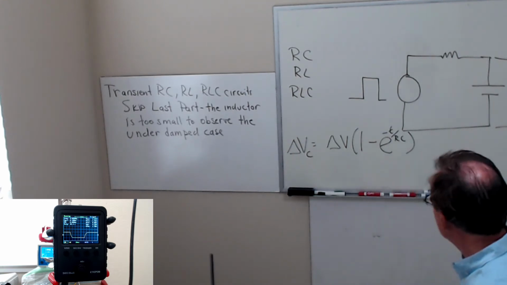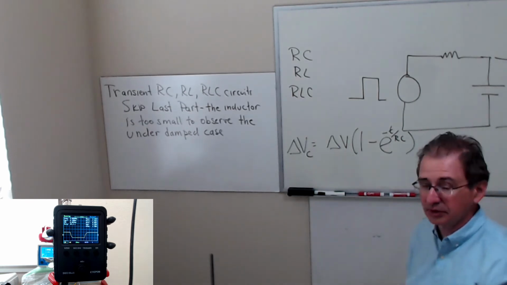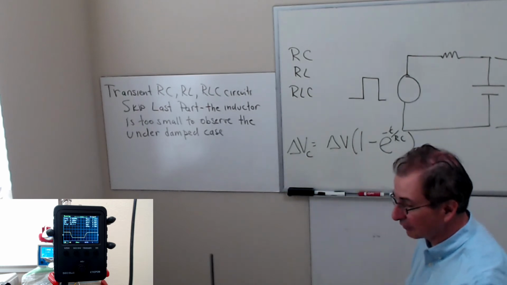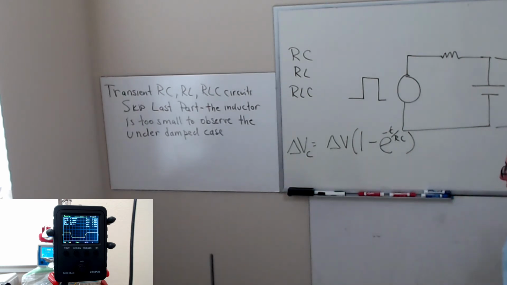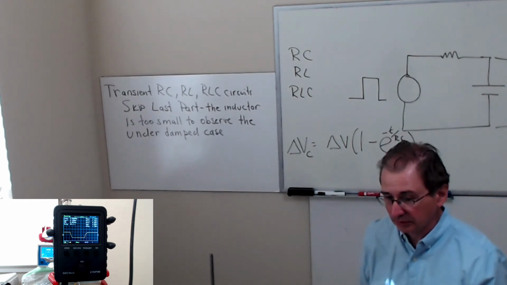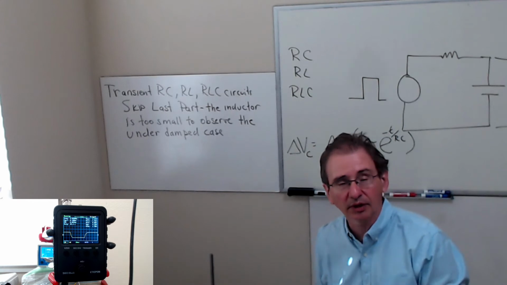We want to test this equation by measuring the voltage across the capacitor at a certain instant in time. There's a lot of ways we can actually verify this equation, but I want to verify it in this manner because it focuses on your ability to be able to use the scope. Okay, that's the reason why we're doing it this way.